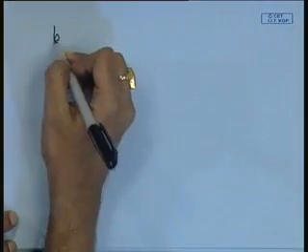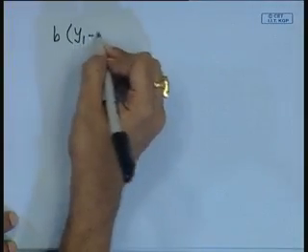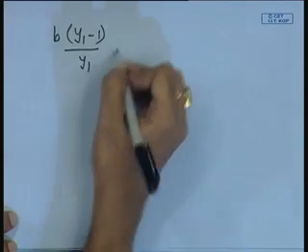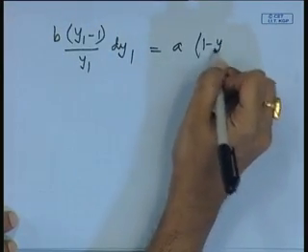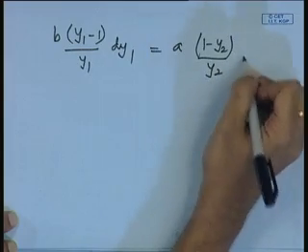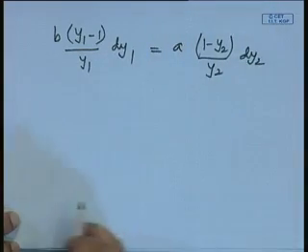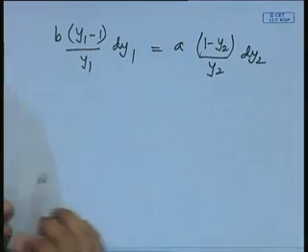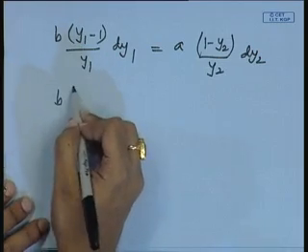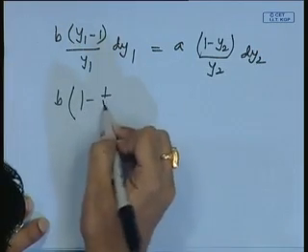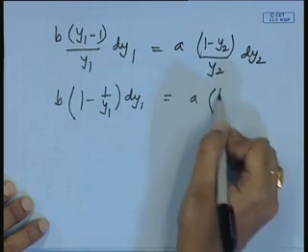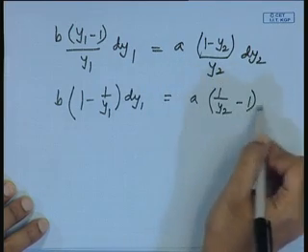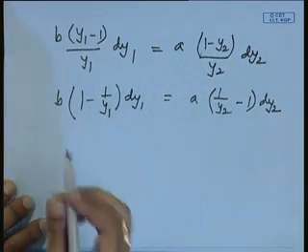Let us do that, and when we do that, I get b(y1 minus 1)/y1 dy1 equals a(1 minus y2)/y2 dy2. Okay. So, I can go ahead and solve it. Let us do that. b(1 minus y1)/y1 dy1 equals a(1/y2 minus 1) dy2.